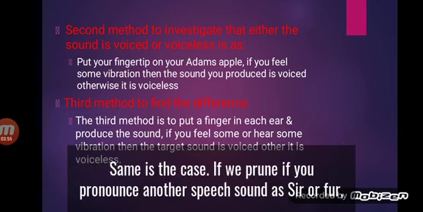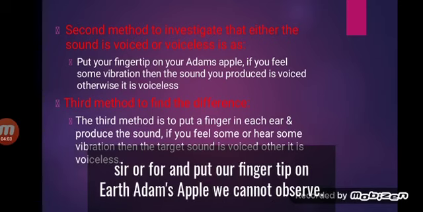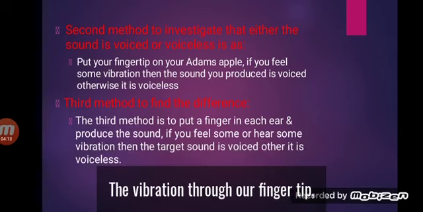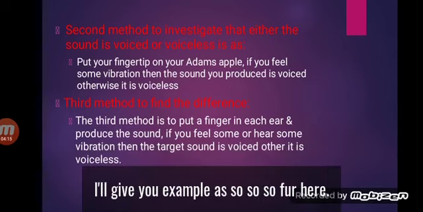The same is the case if you pronounce another speech sound such as s or f and put your fingertip on your Adam's apple. We cannot observe the vibration through our fingertip. I'll give an example: s, f.